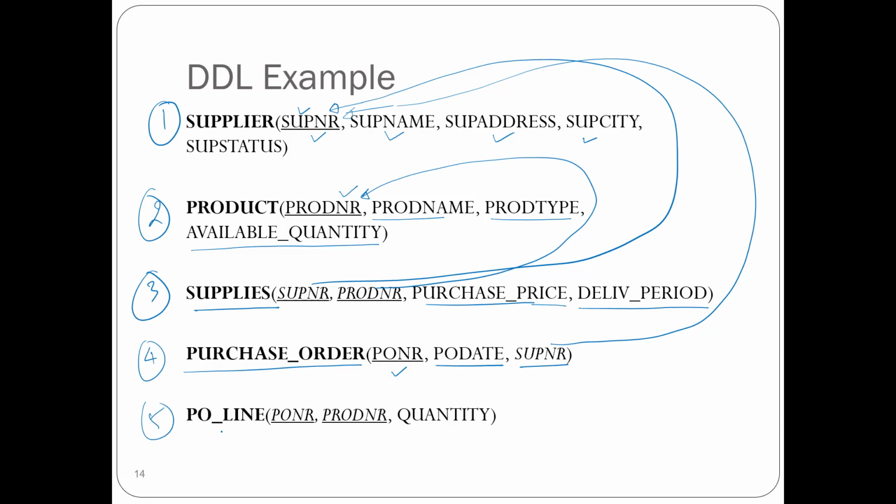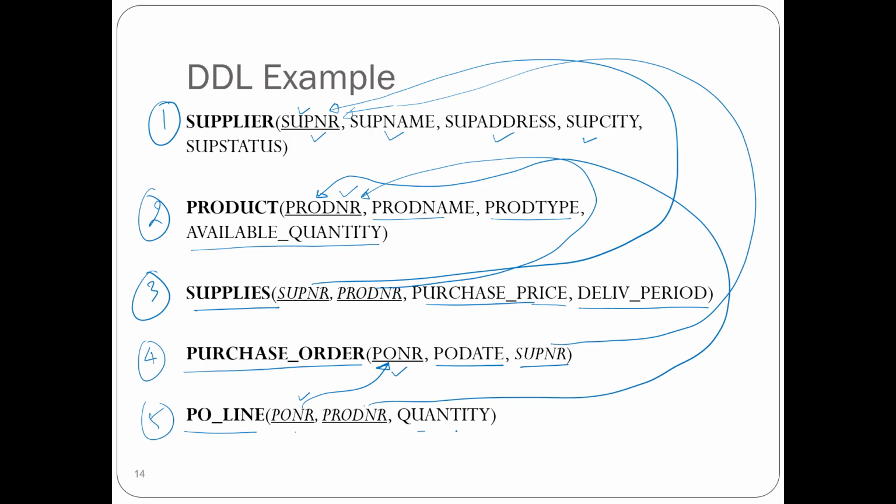And the final relation that we have, which we are calling PO line, has these three attributes. PONR is the foreign key, which is referring to PONR from the purchase order relation. PRODNR is the foreign key that will refer to the attribute PRODNR from product.